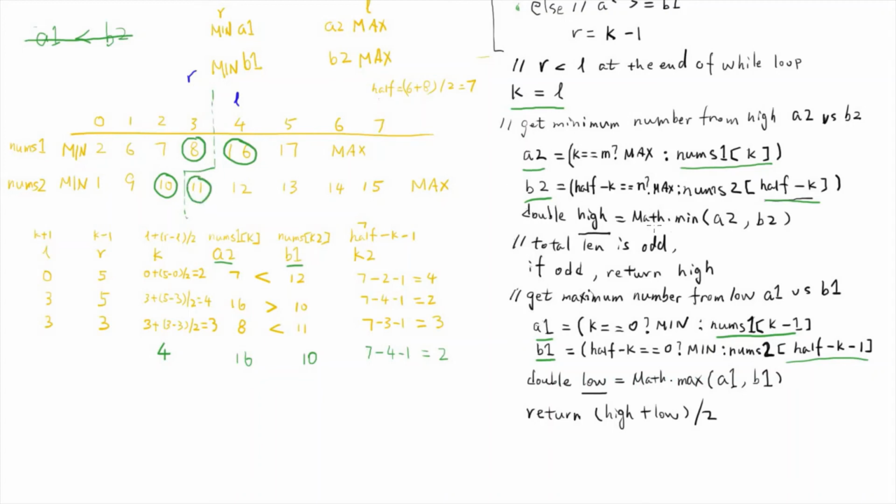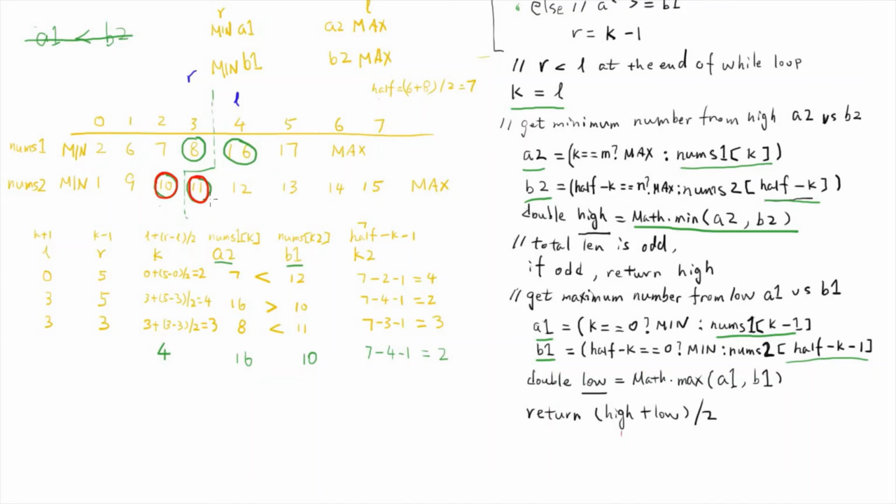At this step, we take the minimum between A2 and B2. So the number we are going to use on the higher side is B2. And on the left side, we take the maximum between A1 and B1, so the number we are going to use is 10. The last step is to return the average between the high and the low.